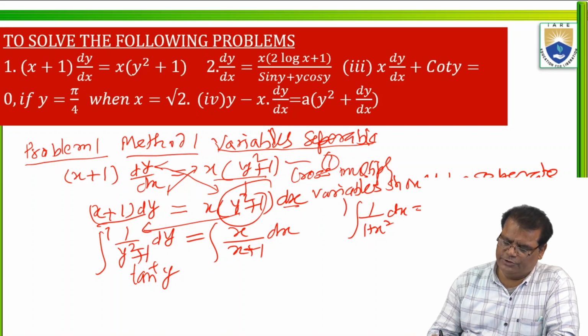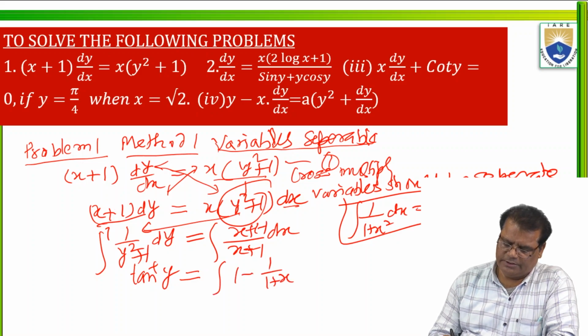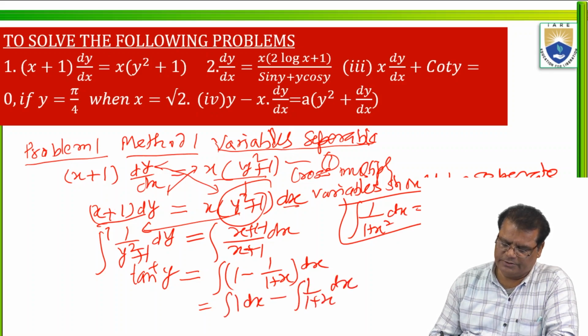So here we use this formula in this result. So tan inverse y equal to, here we write plus 1 and minus 1. So we write integration of 1 minus 1 upon 1 plus x, this is partial fraction, breaking this dx. So now integrating 1 dx and minus integrating 1 upon 1 plus x dx, and here is tan inverse y.